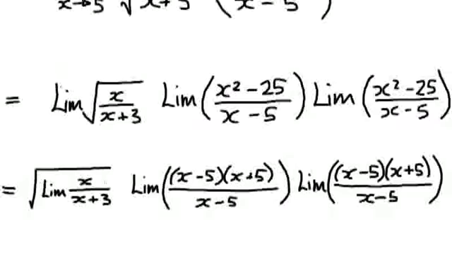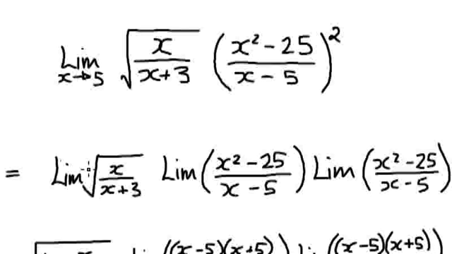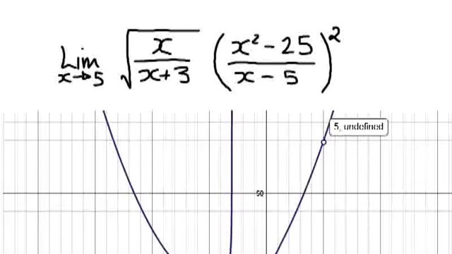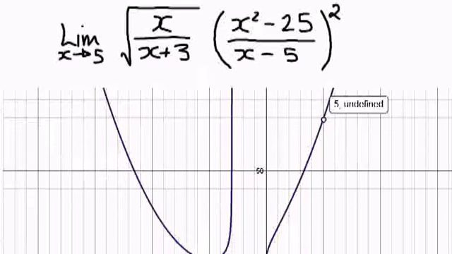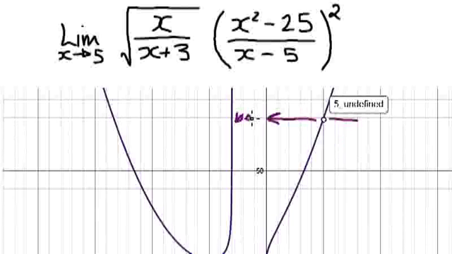So going back to our original graph, bear with me, where's my cursor? Okay, going back to our original graph, you see this: even though it's undefined dead on 5, this y value here will be 100 root 5 over 8.